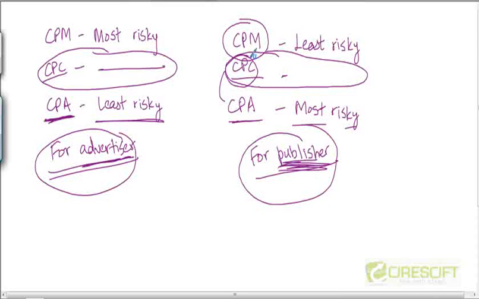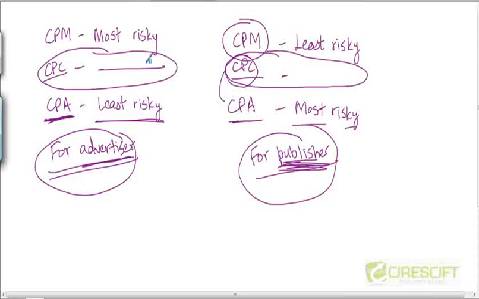But if the publisher is intelligent enough to show the right kind of ad to the person, then the publisher will be minimizing this risk. It's in the control of the publisher, because if the publisher can show the right advertisement in a targeted way, that is something the publisher can work on.